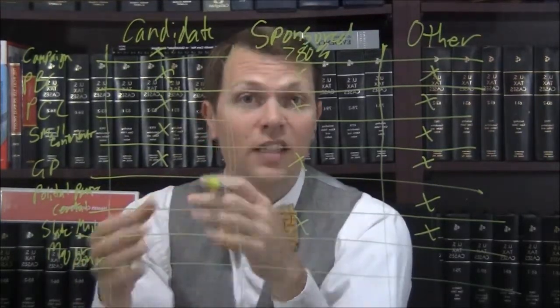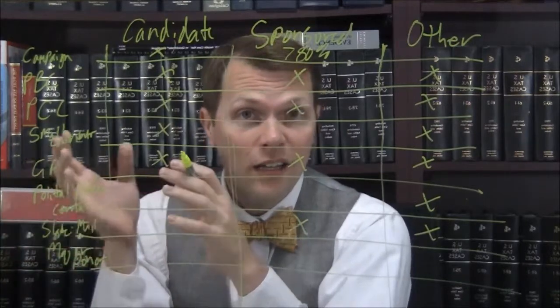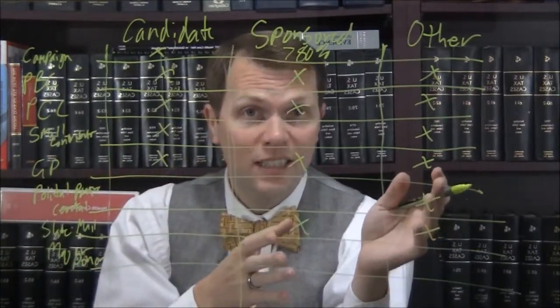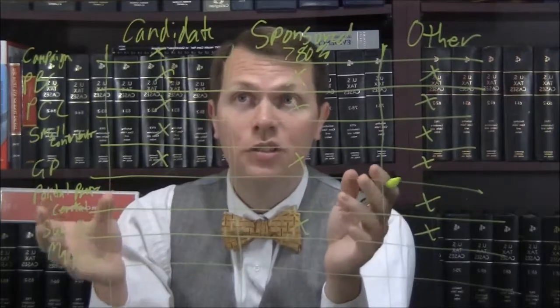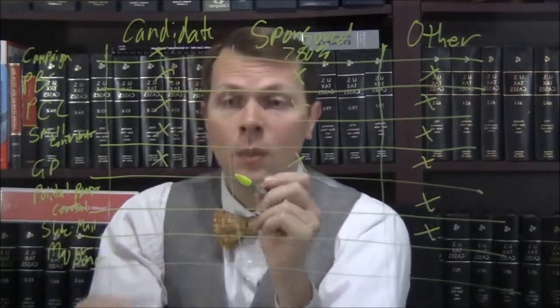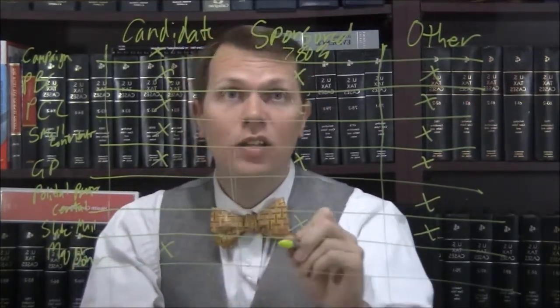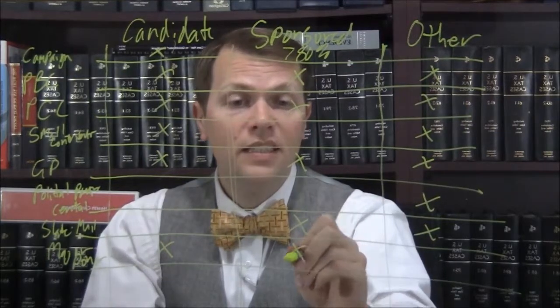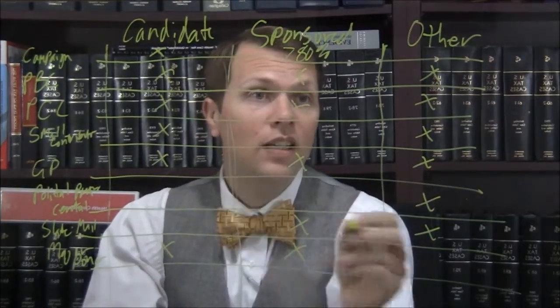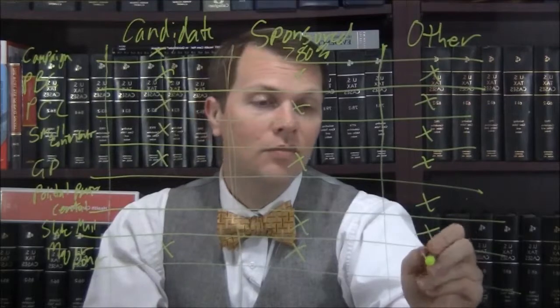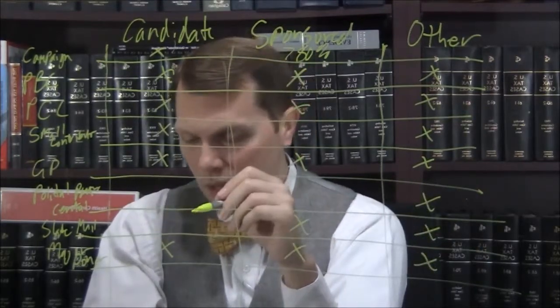But if I were to give $10,000 or more to other people running in the same election or in different elections, then I would trigger being a major donor. And a candidate can become one of these. A business or an individual can become one of these, and so that would put us in the other also.